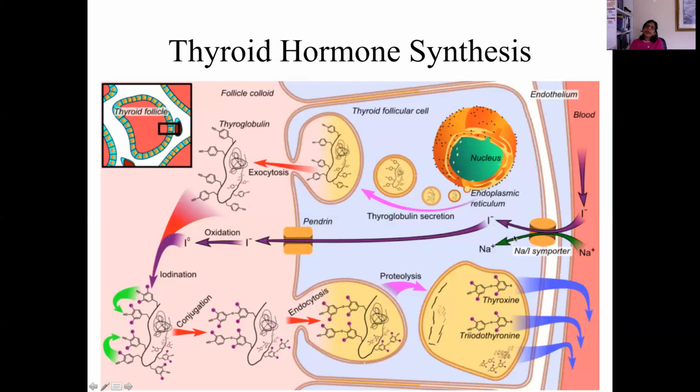Transportation of iodide from the blood into the follicular cell is by the activation of the sodium iodide symporter. All right, then the activation of peroxidase. The production of thyroglobulin is again dictated by TSH. So these are all multiple steps.